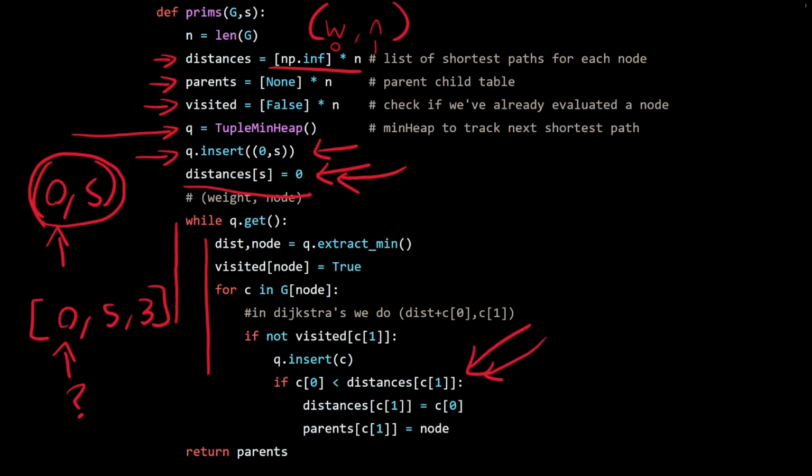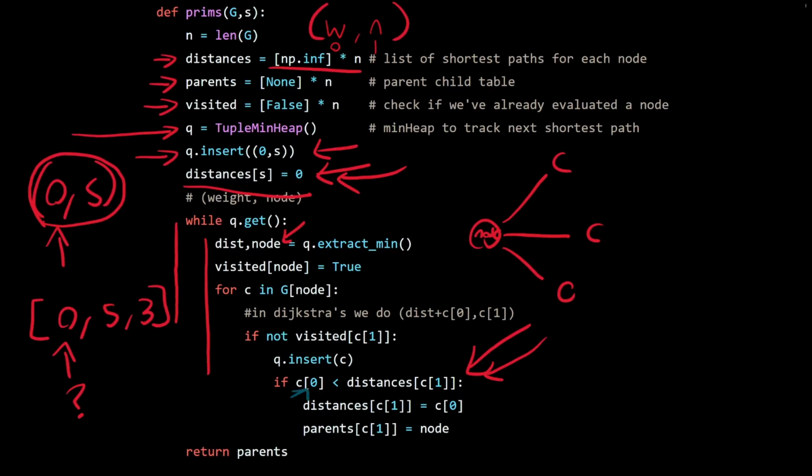So now when we're looking at the outgoing neighbors of node, so this is node. We're looking at the outgoing neighbors, so C are these edges, these nodes that we're reaching out to, and we're looking at the edges. So when we look at the edge weight of C, we look at the C right here, the edge weight.